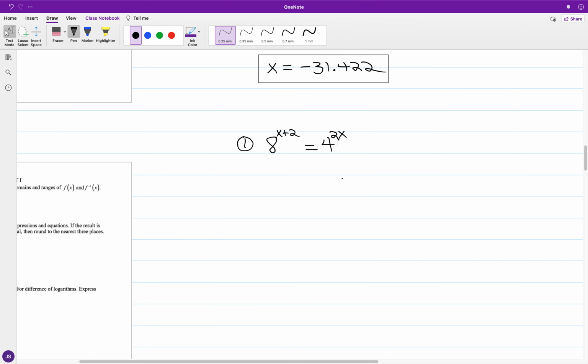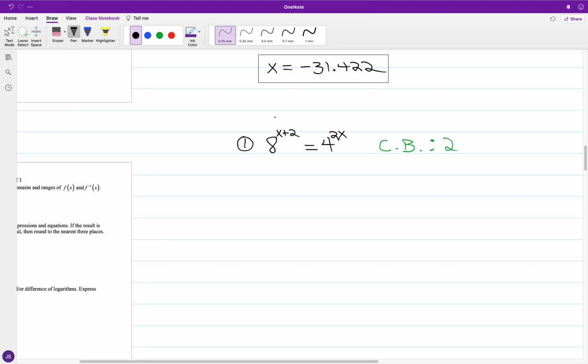And for what we're going to have here, you have the common base, which is going to be 2. And now, let me pause right there. One might be thinking, could you still take the natural or base 10 logarithms of both sides and treat x plus 2 and 2x as variable expression coefficients?